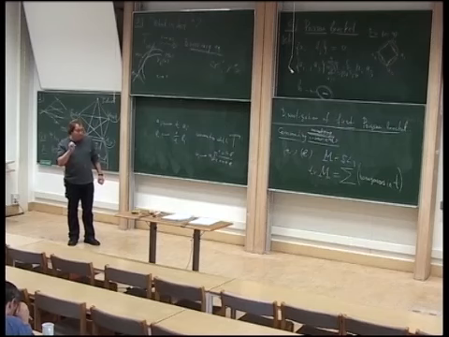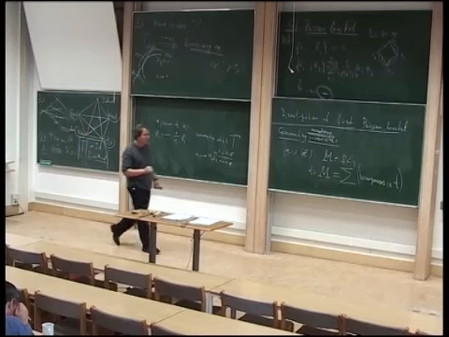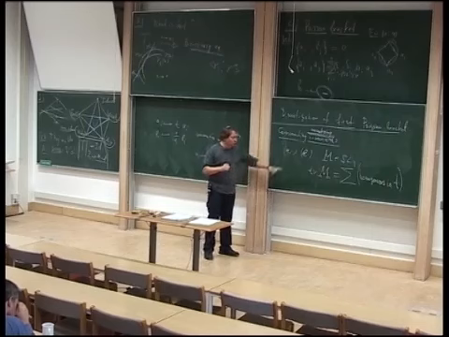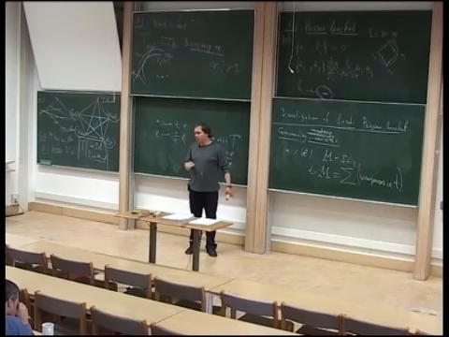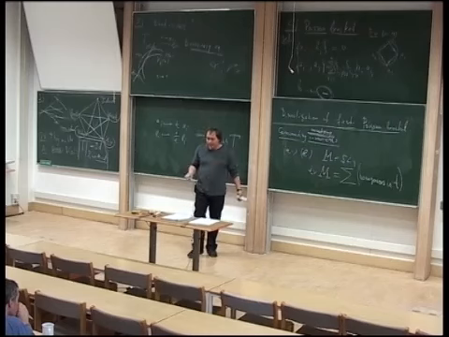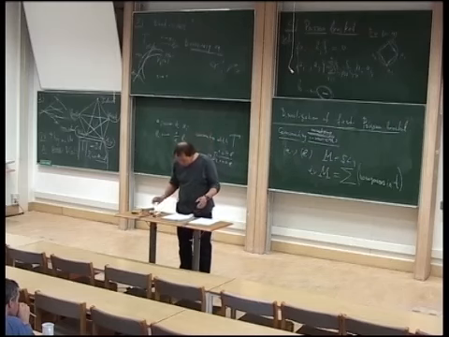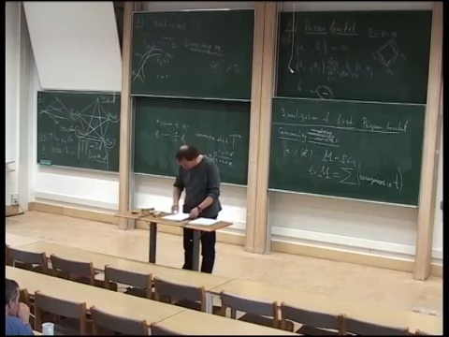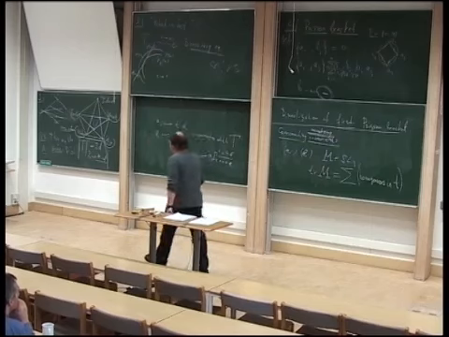Then we give a separate proof that all the Poisson brackets of these functions vanish. And this is the end of my story.